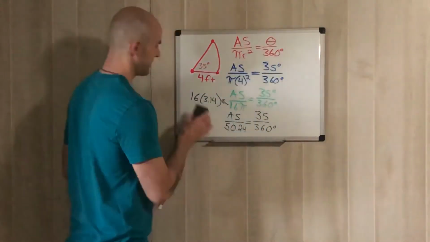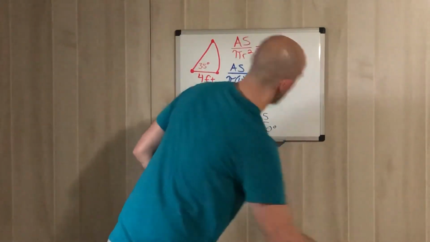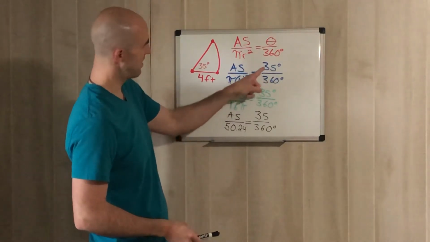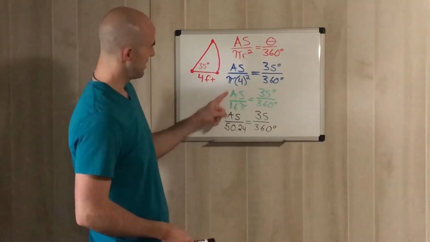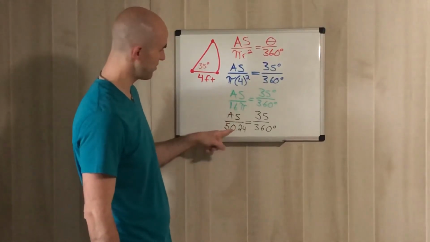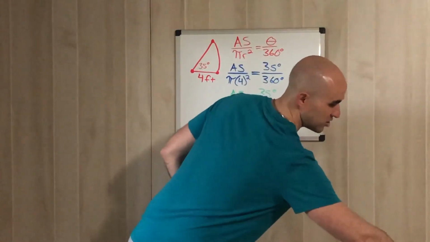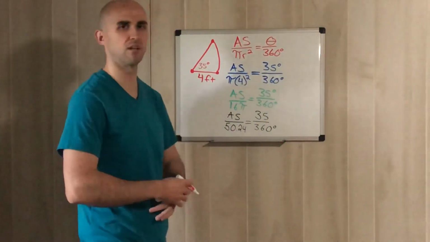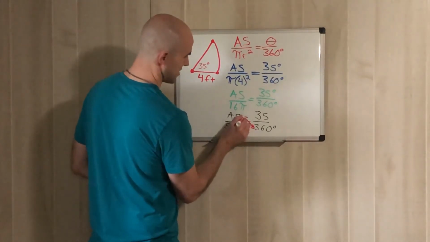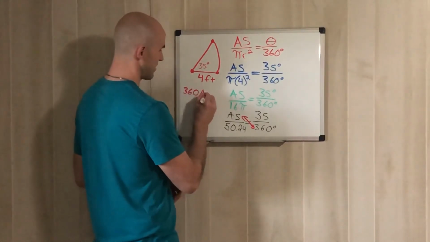So let me get this out of here just to not confuse you guys. We started off with the formula, substituted the radius, everything else stayed the same, substituted the central angle, did 4 times 4, which gave us 16, did 16 times pi, which gave us 50.24. And once you get to this point, it's just cross multiplying like you guys have done so many times. So you're going to do 360 times AS, which gives us 360 AS.